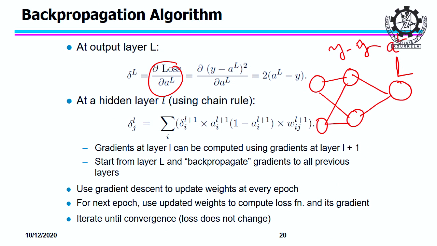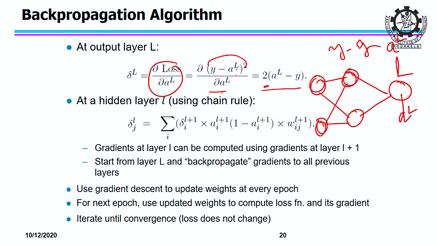The last node A^L. So, we put A^L and differentiate with respect to A^L. If you derive it, 2 will come here, and A^L with respect to A^L, which should be minus 1. So, therefore, you can write it as 2 into (A^L minus y). Now, the question is, I computed loss with respect to this node A^L, but what happens for an intermediate node?